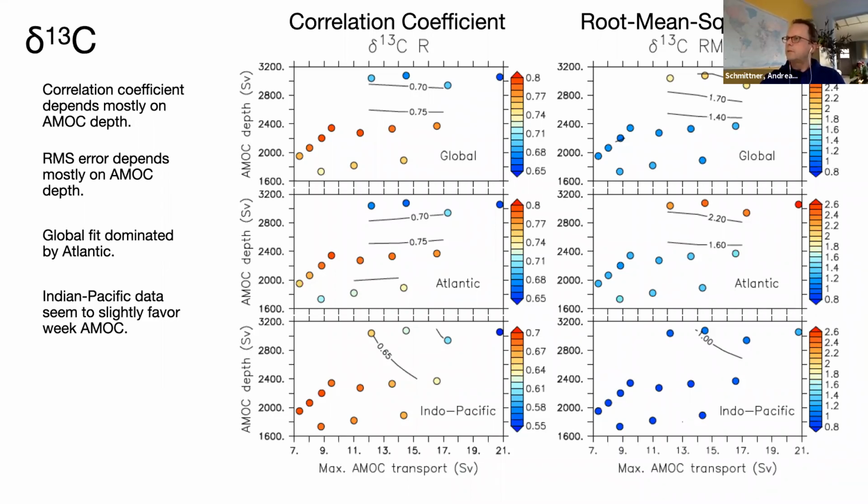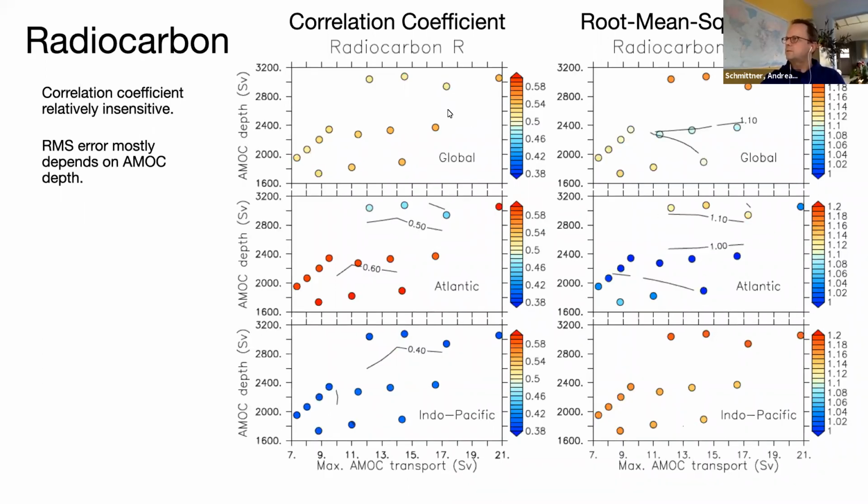Okay, and for radiocarbon, we essentially find the same thing. The correlation coefficient is not very sensitive here, but the RMS error also has more or less horizontal isolines that would favor these intermediate values here for depth, but they are not very sensitive to changes in AMOC strength. And that may be surprising because many people think that radiocarbon is like a clock.